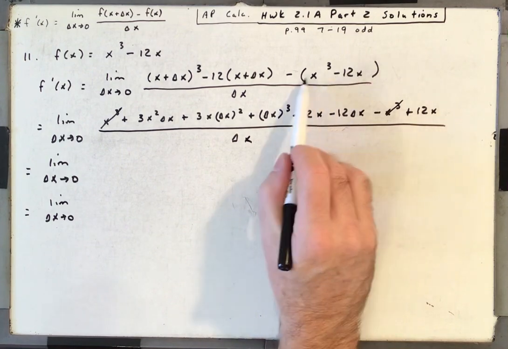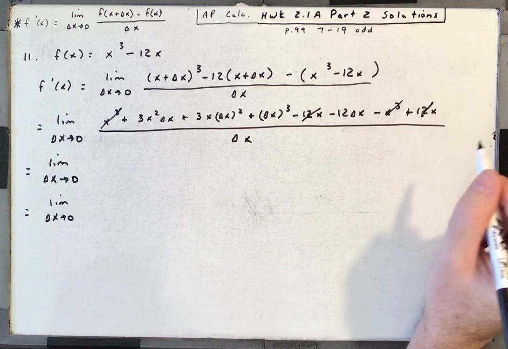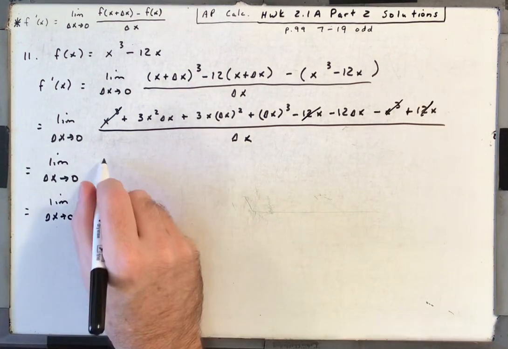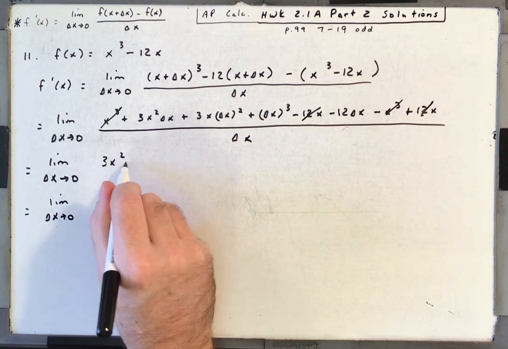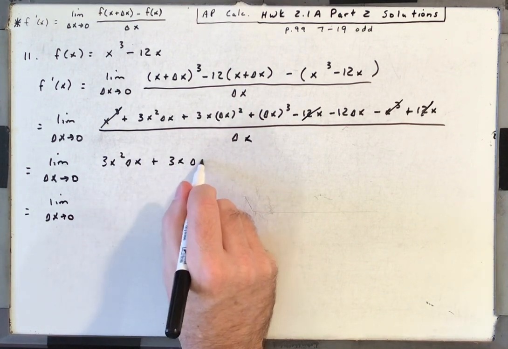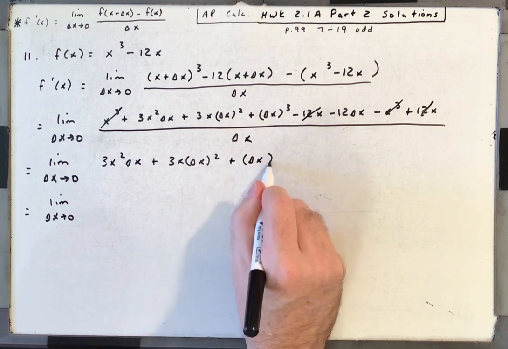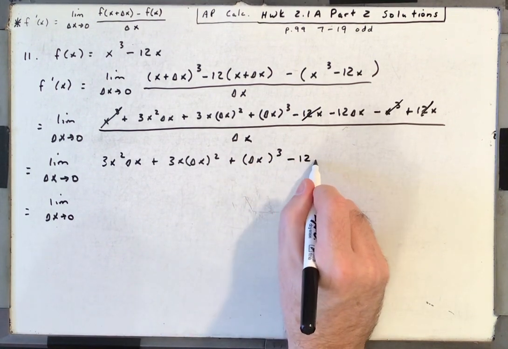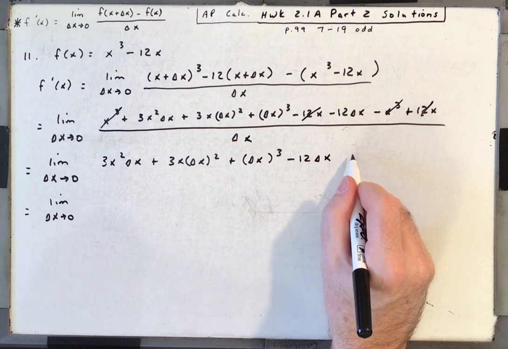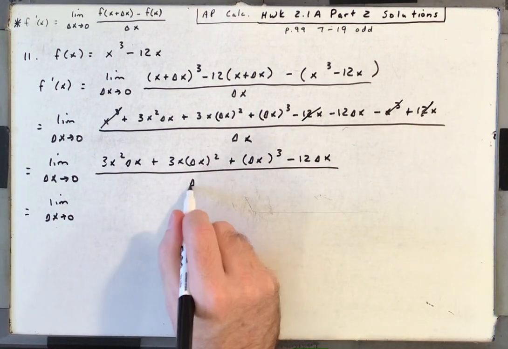Okay, so f of x is x cubed minus 12x, so that would make that cancel and that cancel. And so what's left is 3x squared delta x plus 3x delta x all squared plus delta x cubed minus 12 delta x, and that's it, over delta x.